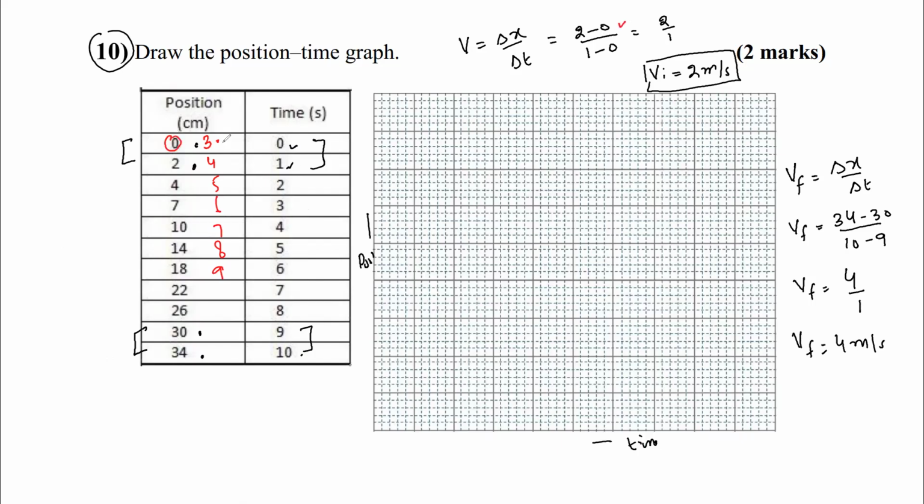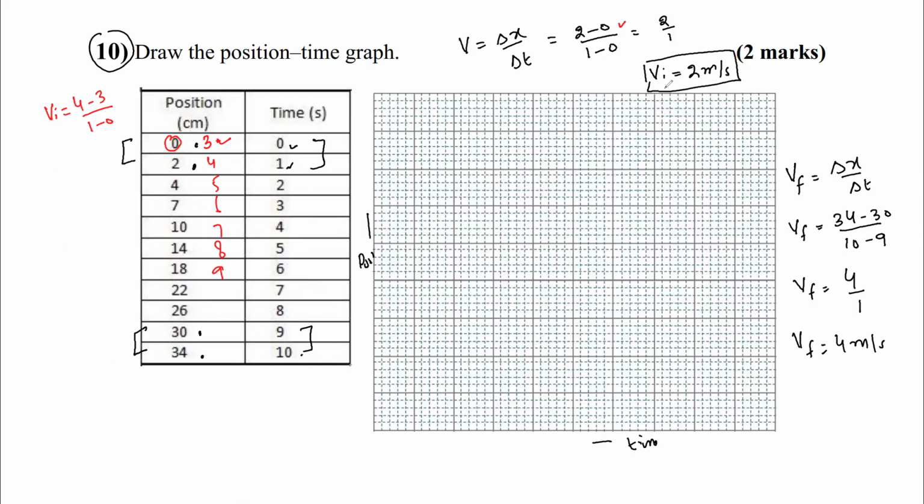But if the initial position is 3, you have to take the velocity like this: V initial is equal to 4 minus 3, and the time is obviously 1 minus 0. This is the method to find the velocities if the values are different. This is a most important thing, and you have to know how to find these velocities.